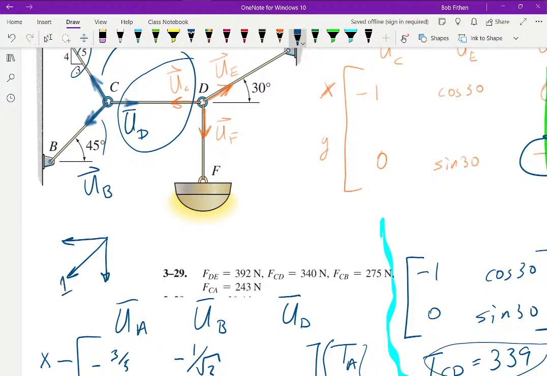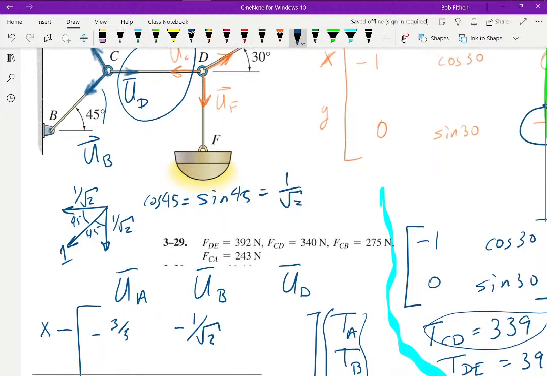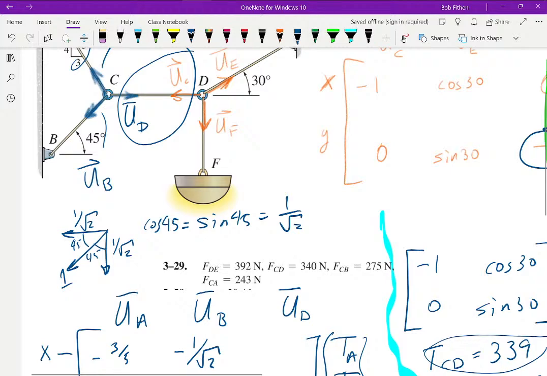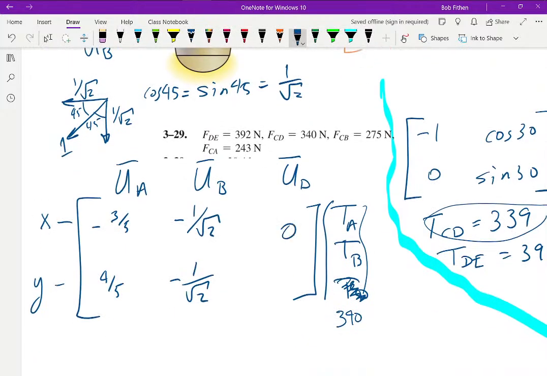If this is length 1, this has got to be length 1 over square root of 2, 1 over square root of 2. Why? Because that's 45. That's 45. Check it yourself. Cosine of 45 equals sine of 45 equals 1 over square root of 2. I'm going to the left and I'm going down. UD, where does it go? Straight to the right.